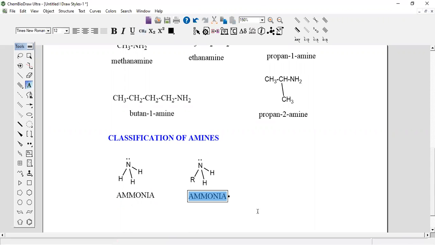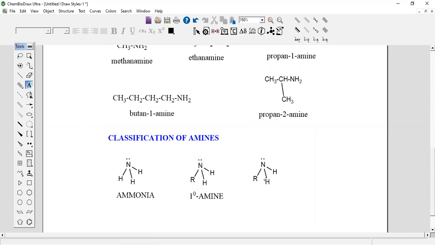Therefore, we call it the primary amine, 1 degree amine. Now another important one is, suppose in this, two hydrogens are replaced, it is a secondary amine.